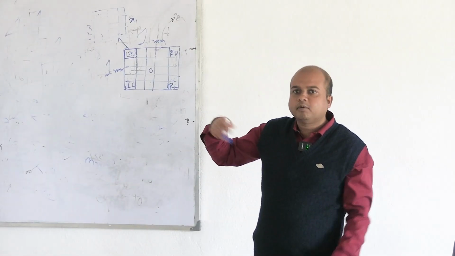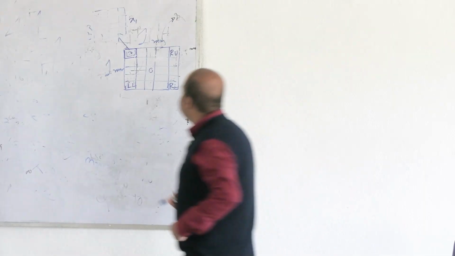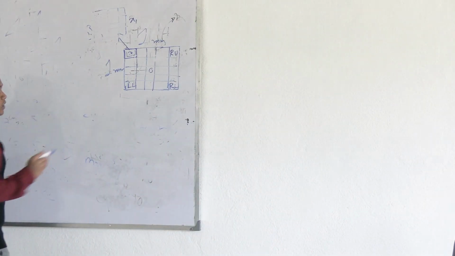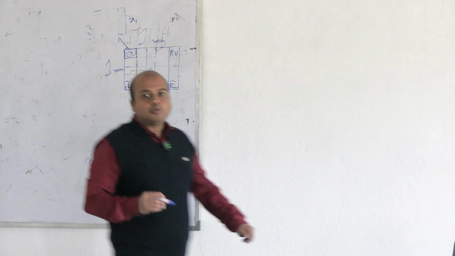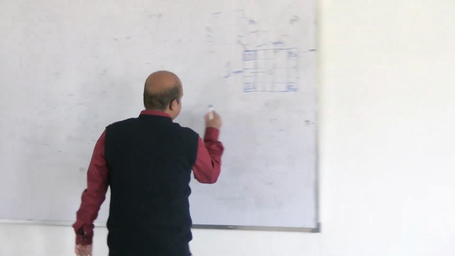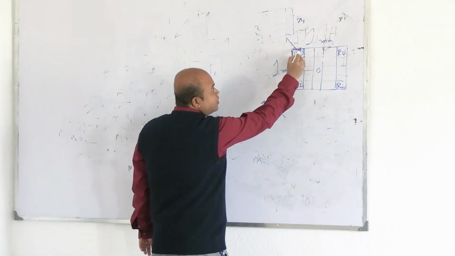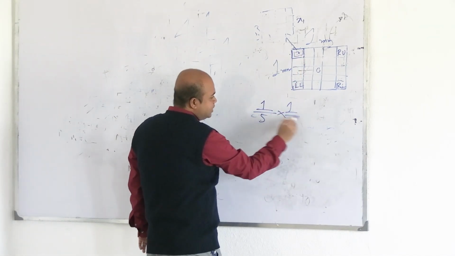After completing the counting, capital X is x1 plus x2 plus x3 plus x4 plus x5. So, now the calculation part, how many cells we have counted? How many medium cells we have counted? 5. Each of them has an area of 1 by 5, 1 by 5 millimeter square.